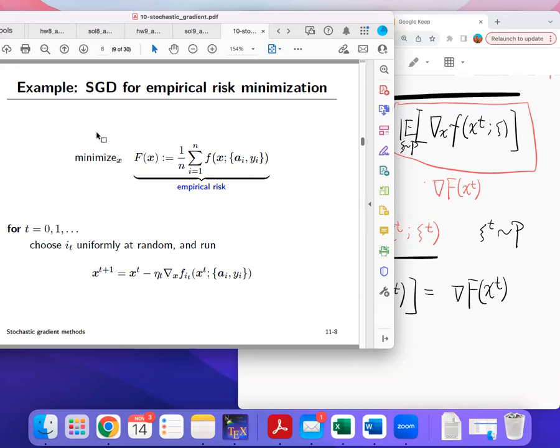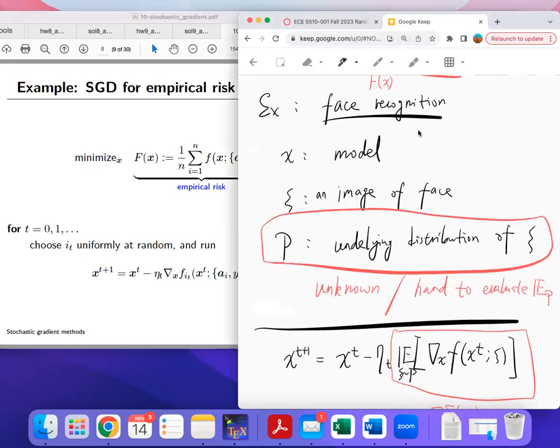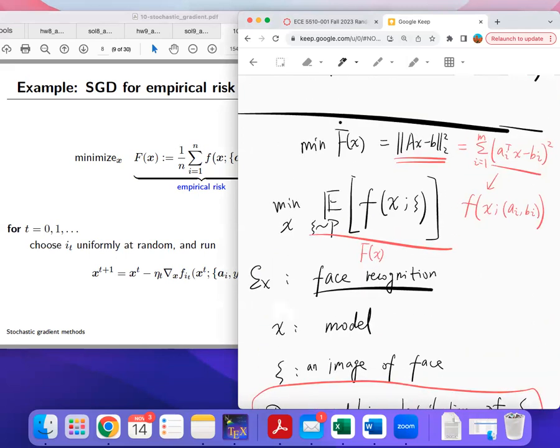For example, if we consider f(x), which is the average loss over these samples, coming from this least mean square problem, we can write this objective function as a sum of sample-based losses, but here we take the average.